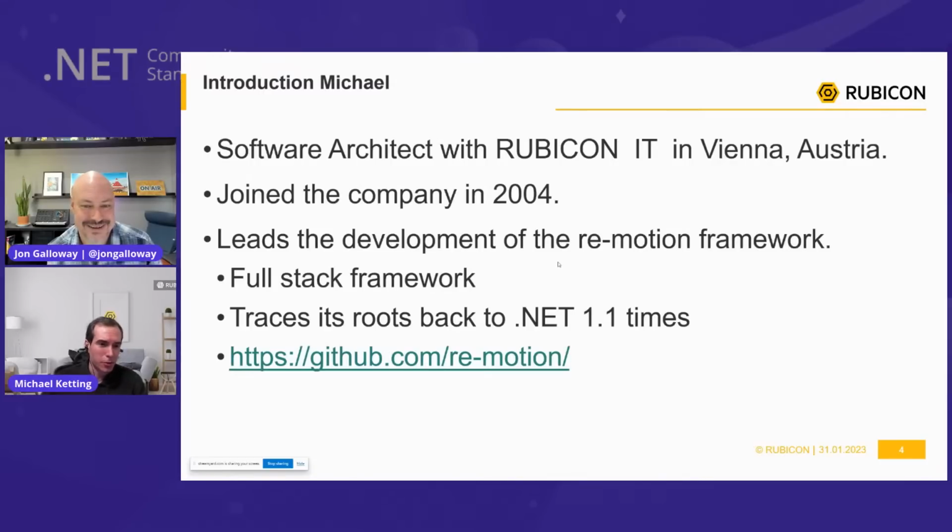And I'm going to talk about Rubicon in a moment, a few words. Yeah, so what I'm doing is basically, I'm the lead for the development of the Remotion framework, which is a full stack framework. And it goes back way, way back to .NET 1.1. I think we already were on 1.1 when I started, so it's not 1.0.